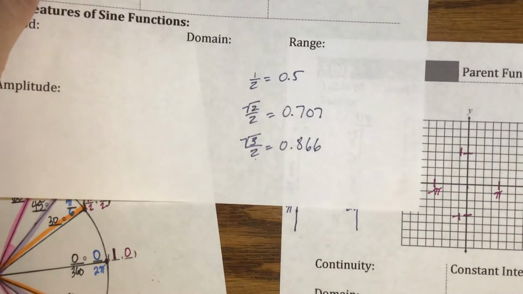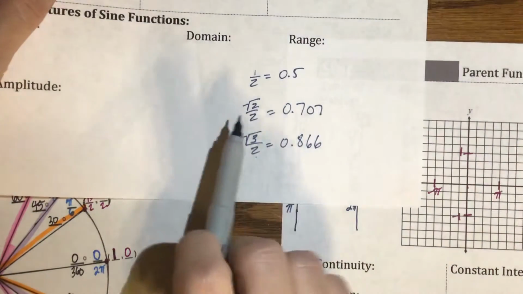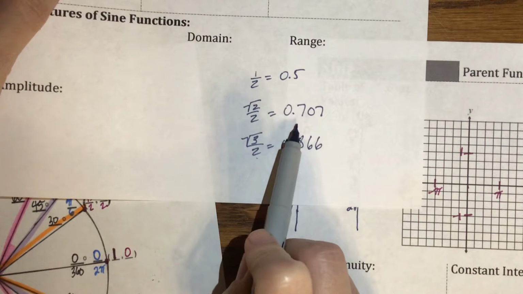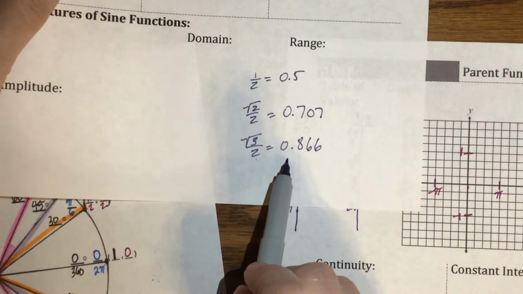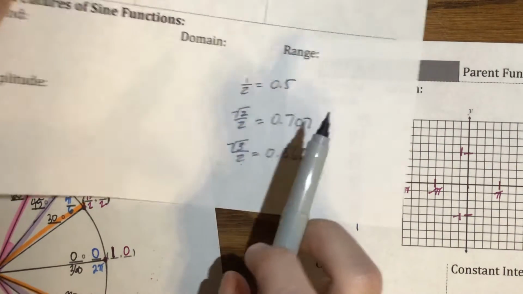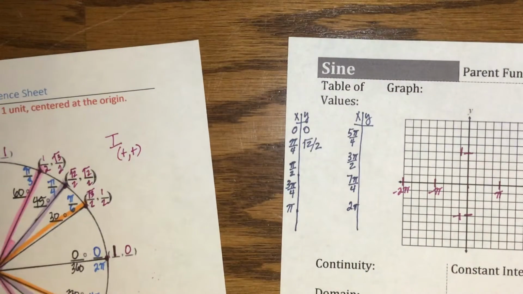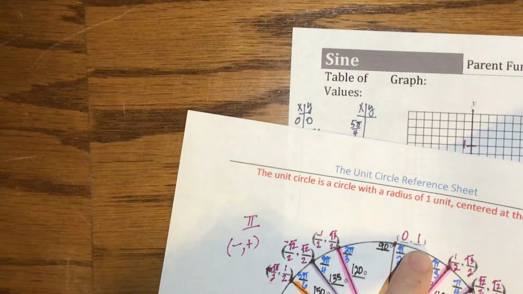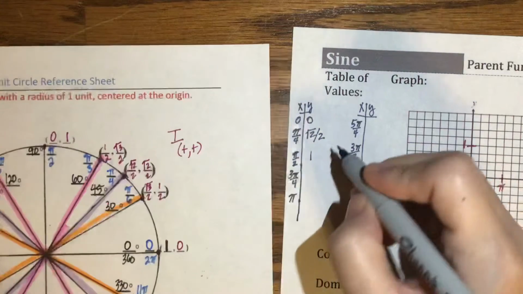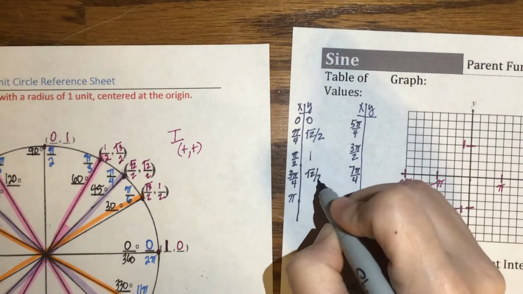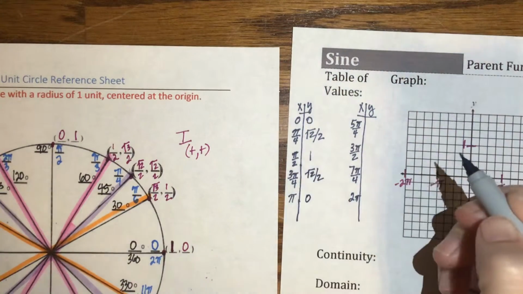I don't know who that could be. Square root 2 over 2, if I punch it into my calculator, is about 0.7. Square root 3 over 2 is about 0.9-ish, right? And then, of course, 1/2 is 0.5. All right, pi over 2, my y coordinate is 1. 3 pi over 4, square root 2 over 2. Pi, my y coordinate is 0.